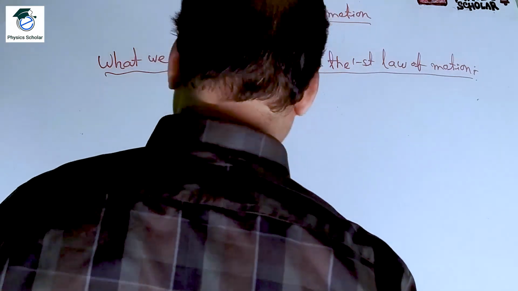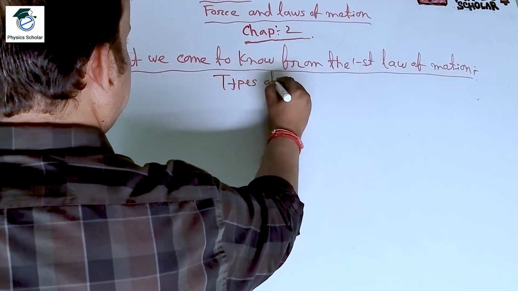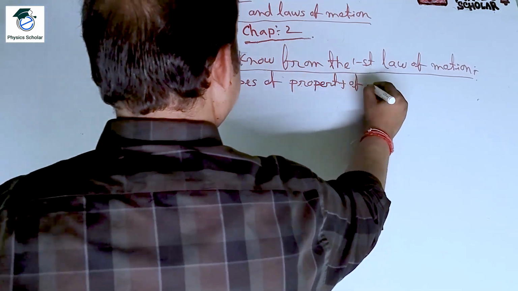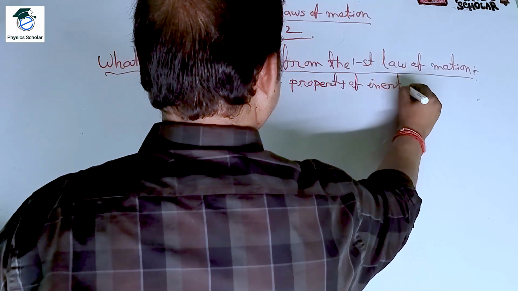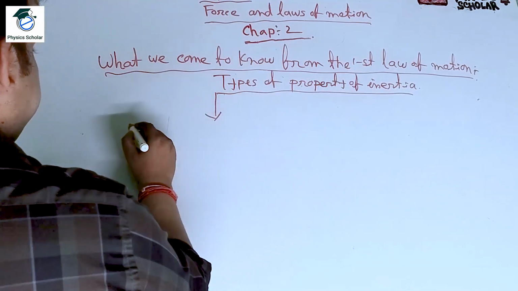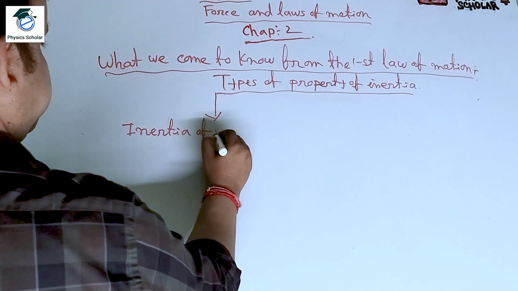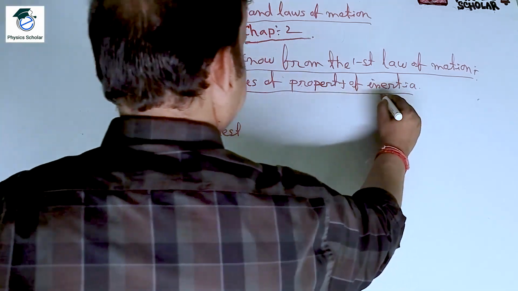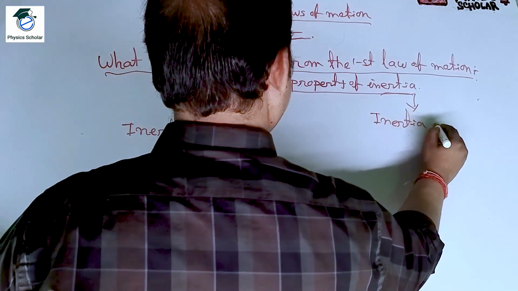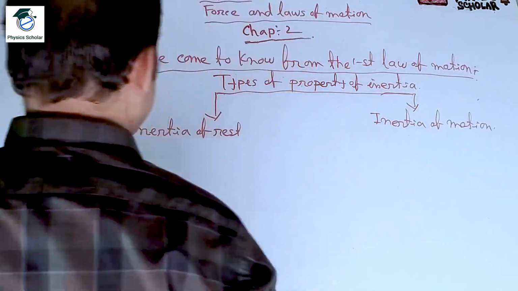There are two types of property of inertia: inertia of rest and inertia of motion.